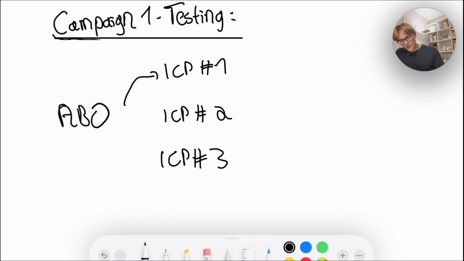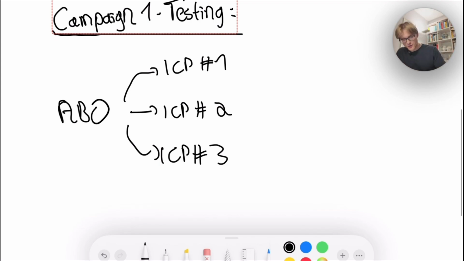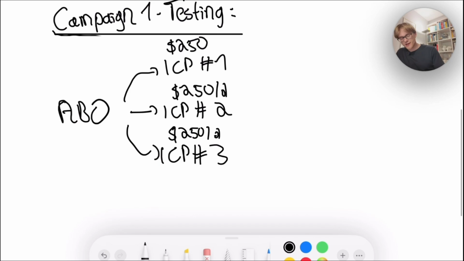So you're going to do an ABO, and what you want to make sure is that you're spending at least something like $250 a day, depending on the market that you're in, right? So if you're in Europe or in the US, you want to spend at least $250 a day on these different ICP ad sets. Now, if you don't have that much money ready to invest, you should go with one campaign and slam all your ads in there. Okay, but I generally like to do it like this.